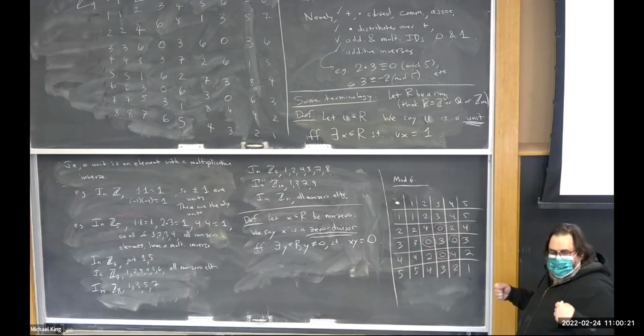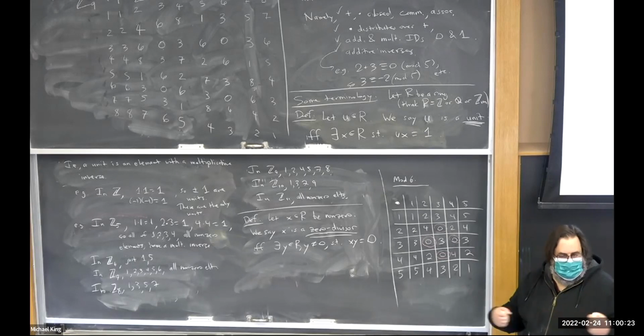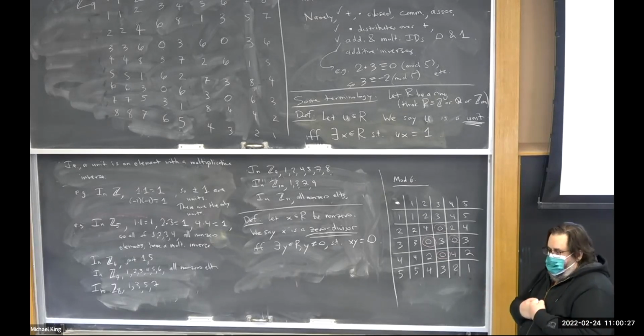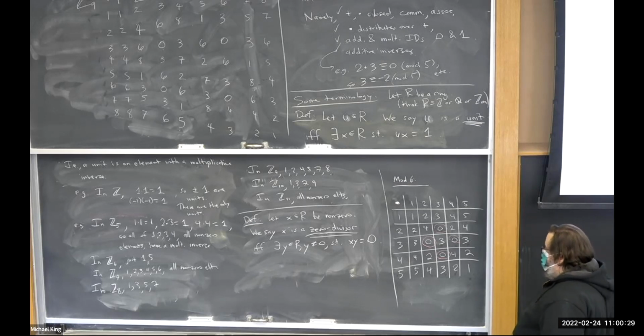So two things that are non-zero that multiply to 0 are called zero divisors. I don't know, it's kind of archaic terminology, zero divisor, but that's what people called it.